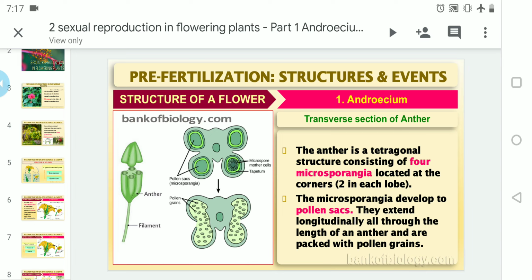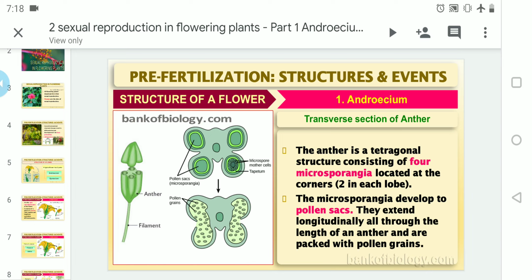The anther is a tetragonal structure. Tetra is the terminology, consisting of 4 microsporangia located at the corners, that is 2 in each lobe. That is what we discussed, the terminology dithecous.